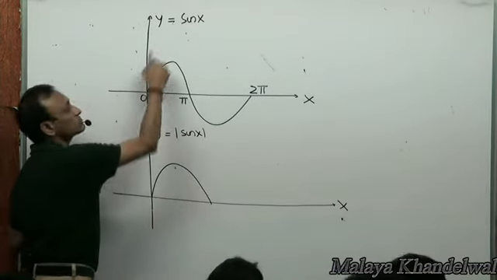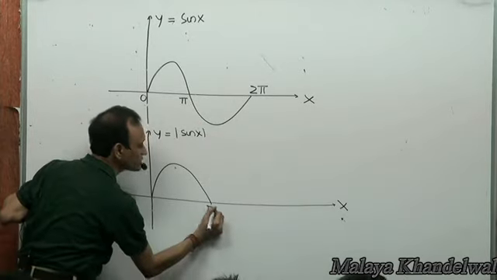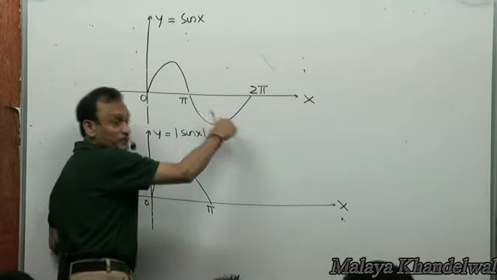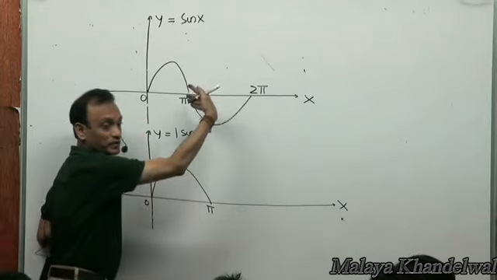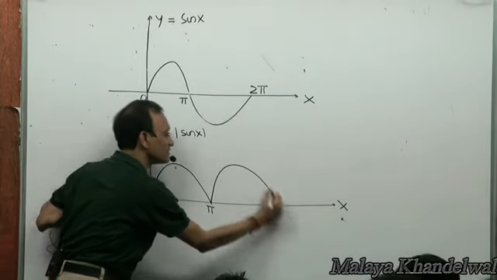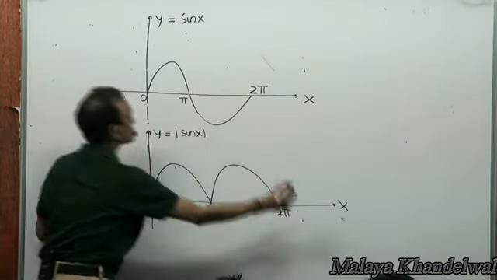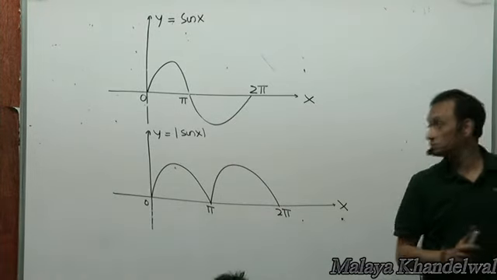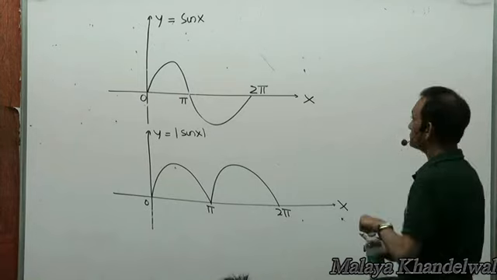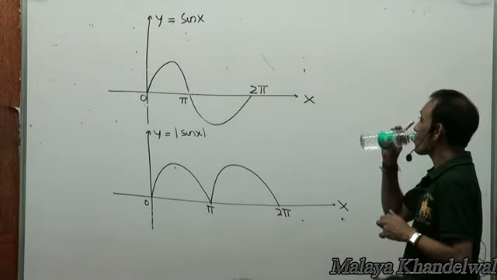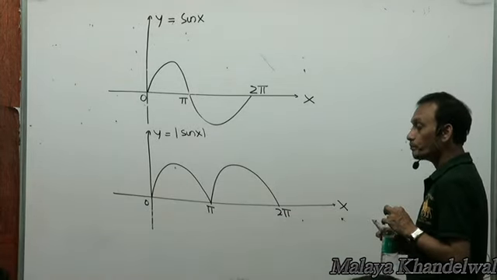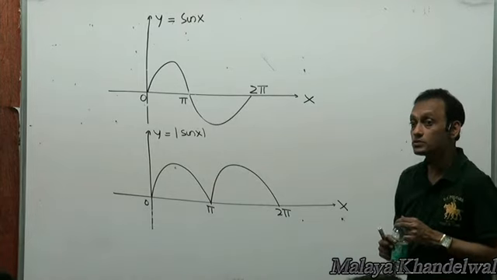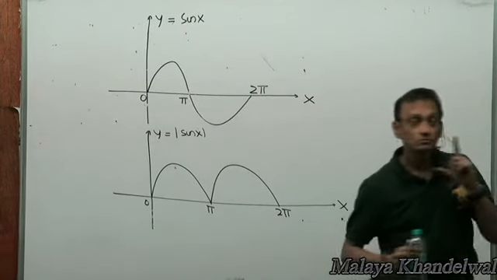Do this. 0 to pi, retain it because it's not below the x-axis. But pi to 2 pi, reflect this about the x-axis. This is the graph of y equal to mod of sin x. Right? So far so good, right?